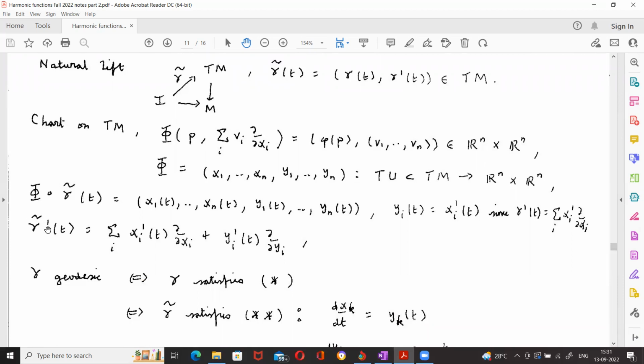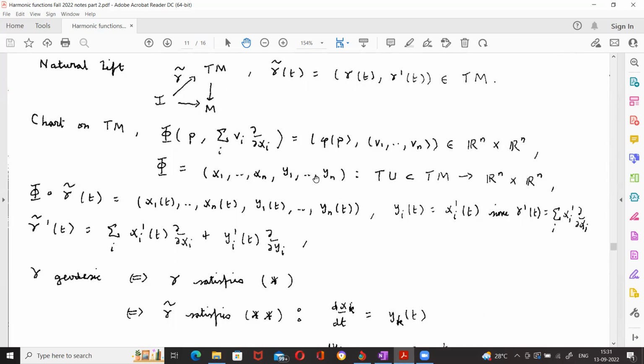So now what is gamma tilde prime(t)? Be careful. Gamma tilde is a curve in the tangent bundle, so its derivative will be an element of the tangent space to the tangent bundle. The tangent bundle has local coordinates x1 to xn, y1 to yn, so a basis for the tangent space of the tangent bundle is given by the vector fields del xi's and del yi's.